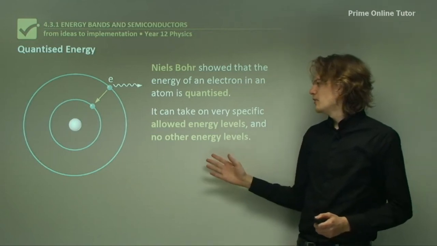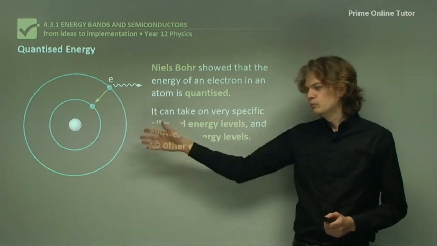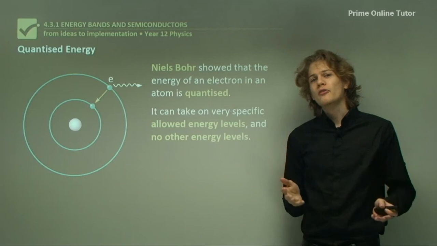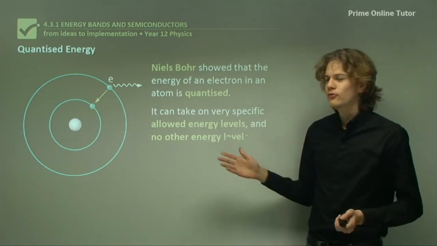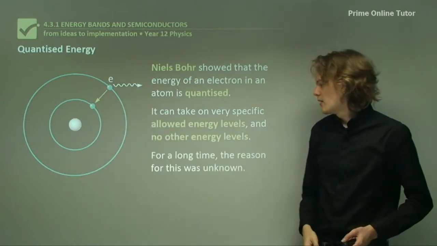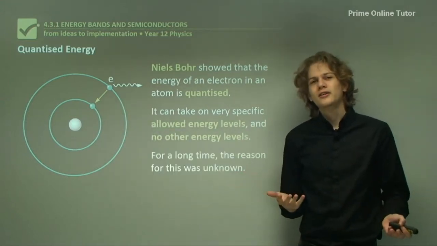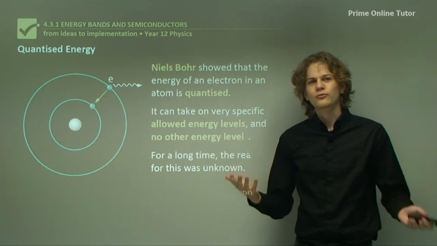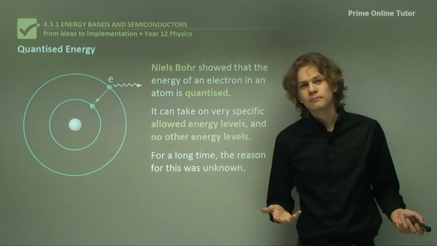And it can take on very specific allowed energy levels, which are the circles, and no other energy levels. So it's impossible for this electron to, for example, jump halfway between the circles. And for a long time, no one could explain why this happened. It just sort of was what electrons did.